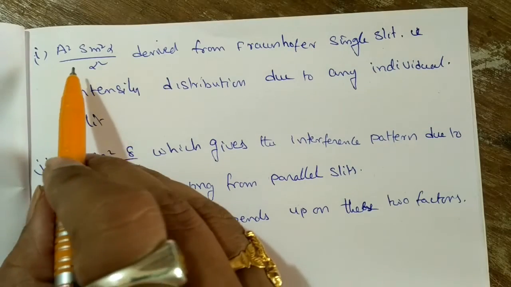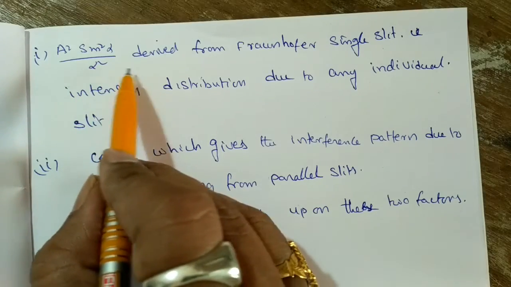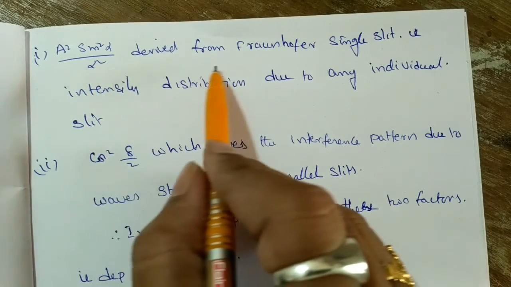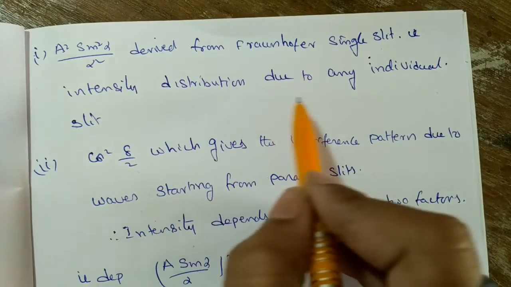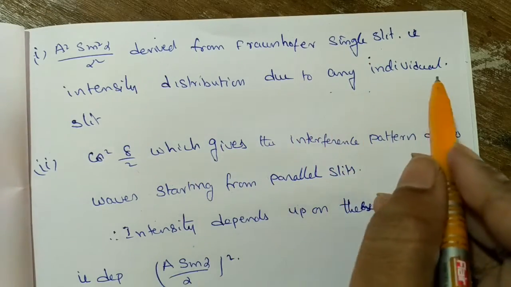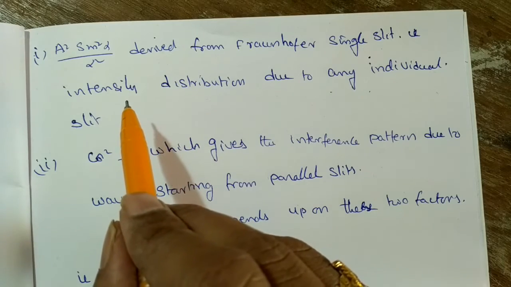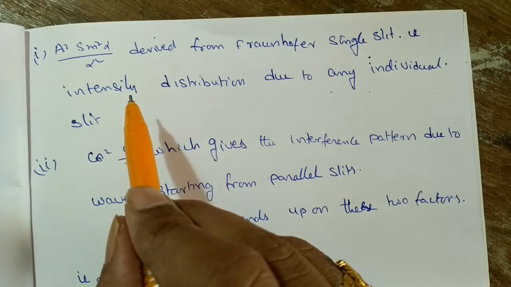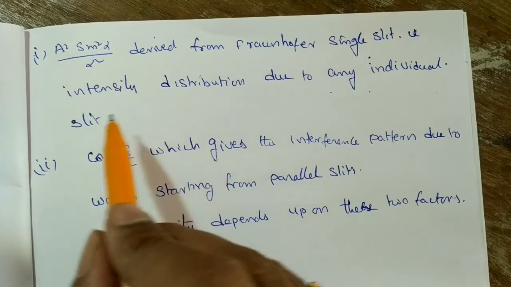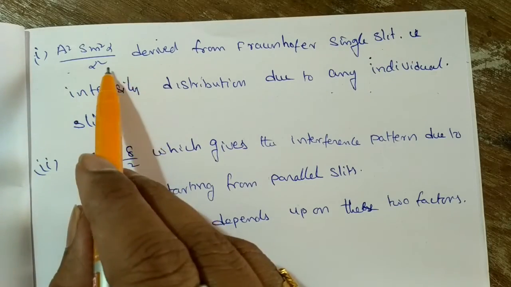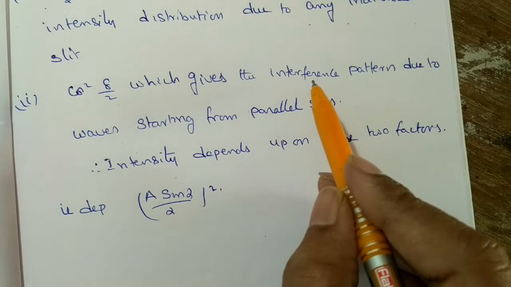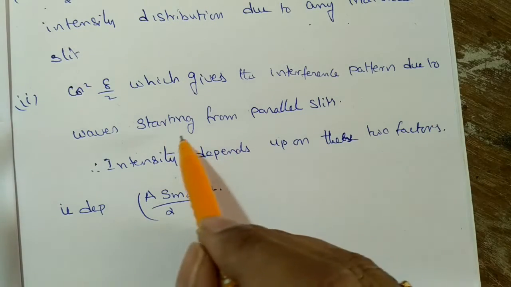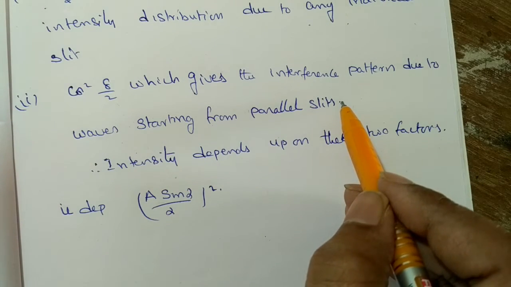In the resultant equation, a square sin square alpha by alpha square is derived from the Fraunhofer single slit experiment, that is, the intensity distribution due to any individual slit. If I consider the first slit or the second slit, it gives this type of equation. Cos square delta by 2 gives the interference pattern due to waves starting from the parallel slits.